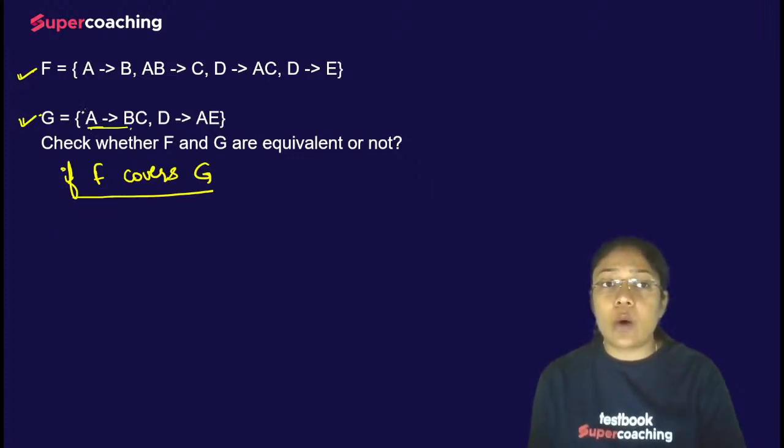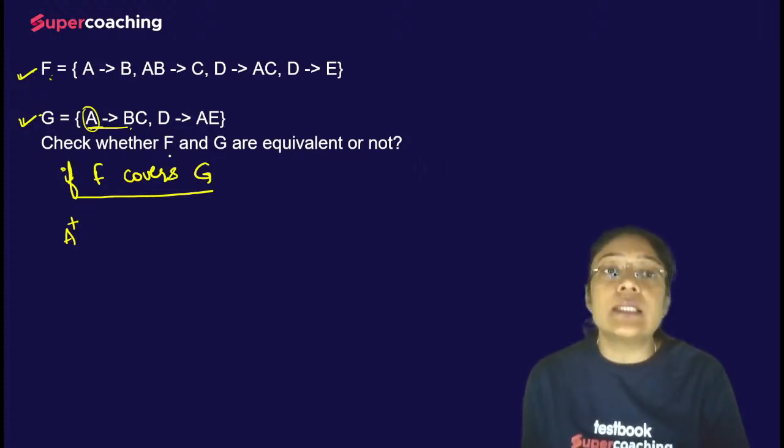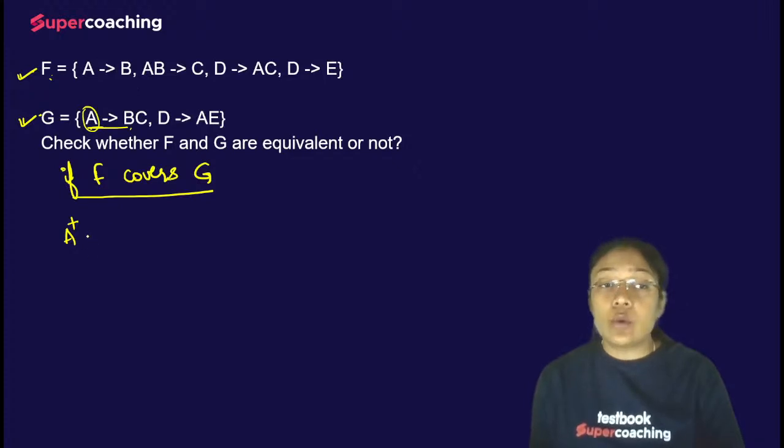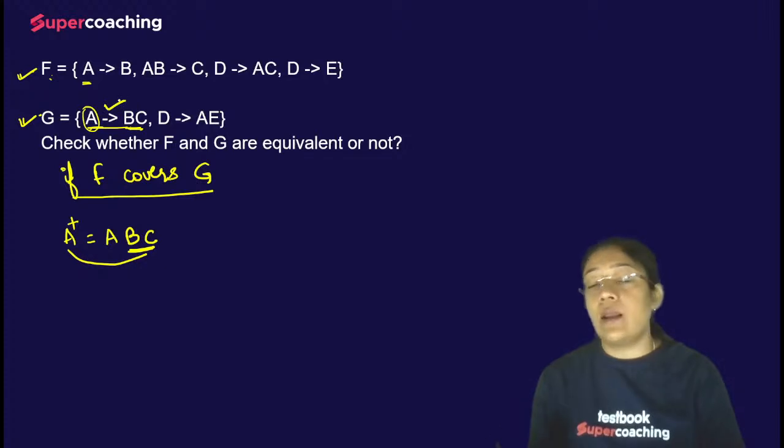So we'll find out A closure. In which set will we find it? In set F, because we have to check whether all the dependencies of G are covered by F. So A closure in F is A, A will be determining itself. A is determining B. A B together are determining C. And we need not check anything else because we want A should be determining BC. So A is determining BC. So the first functional dependency is implied.